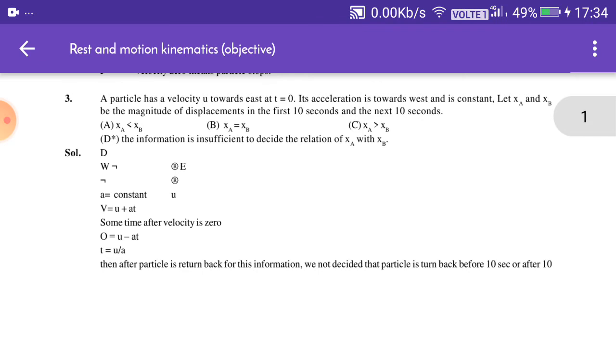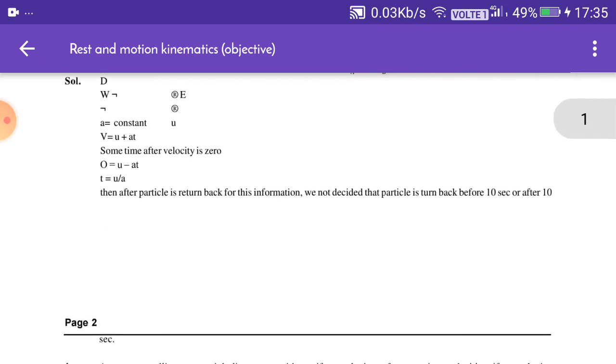So the answer is: data is insufficient to decide the relation between xa and xb.